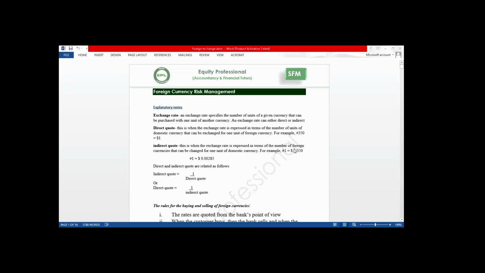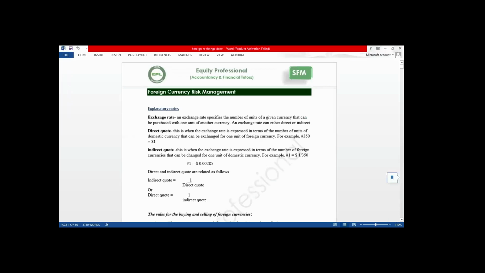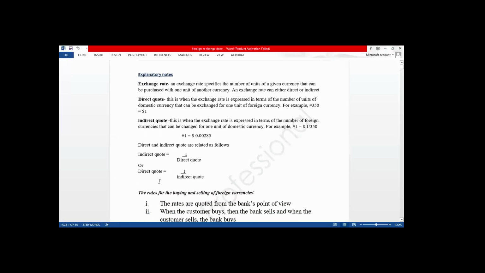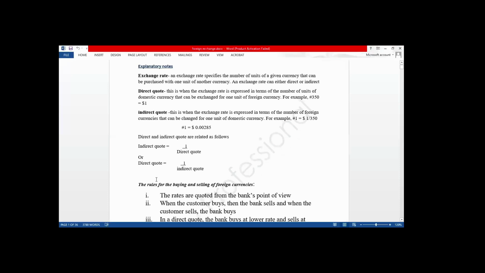The relationship between direct quotes and indirect quotes is stated as a reciprocal. That is, indirect quote is equal to 1 over direct quote. Direct quote is equal to 1 over indirect quote.